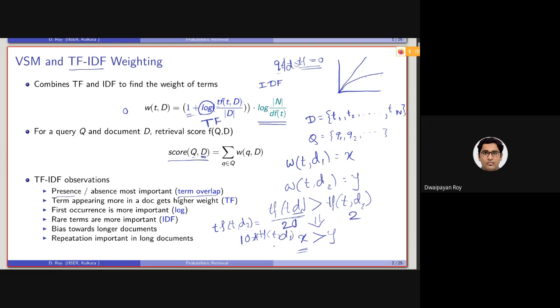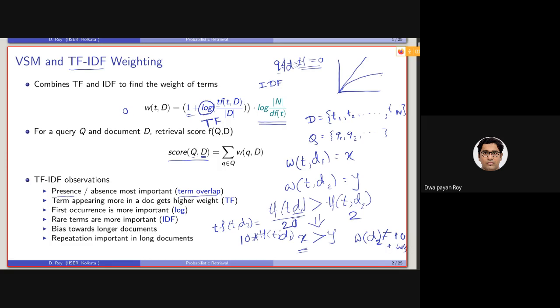But using this log normalization, or this sublinearity, this will not imply that the weight of document 2 will be 10 times the weight of D1.